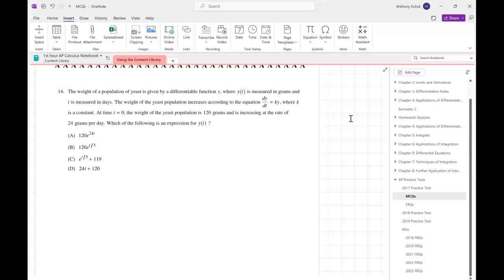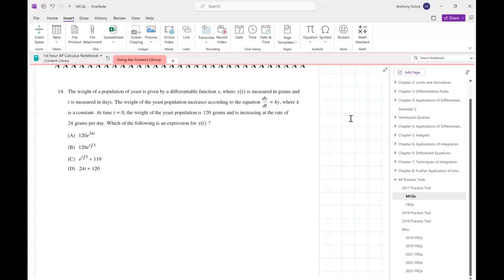And you can probably guess as much from reading this, as you have almost an entire paragraph of story problem here. It says the weight of a population of yeast is given by a differentiable function y, where y of t is measured in grams and t is measured in days.